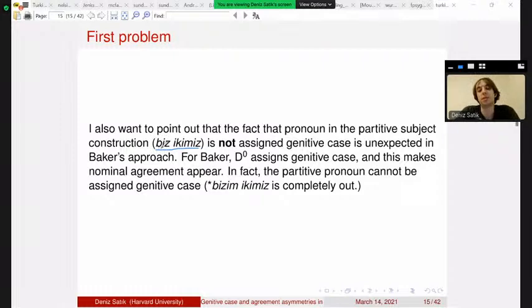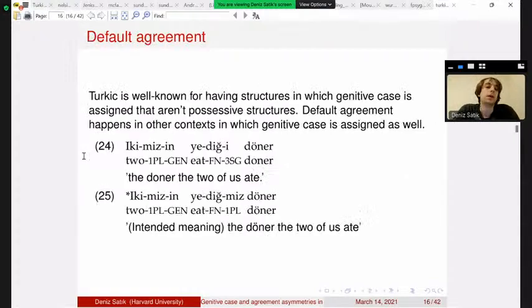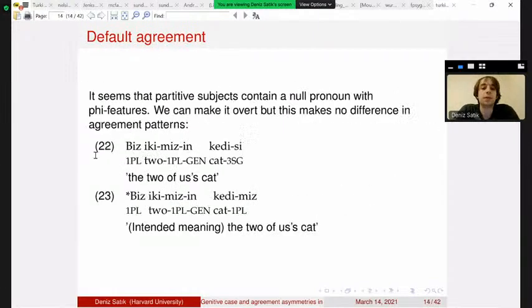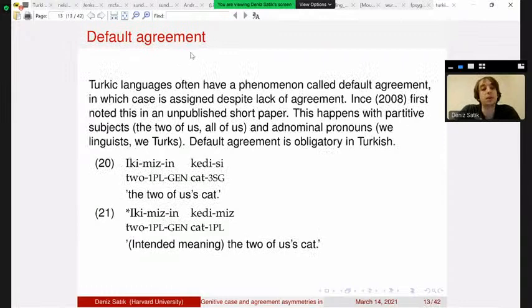Bizim ikimiz is pretty bad, right? So this is just not possible to derive under Baker's approach, and it's a problem for him. I'm not sure how he would handle that.